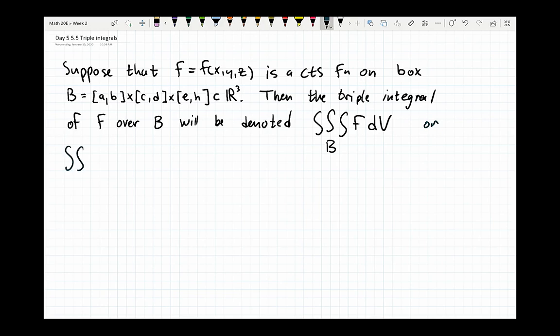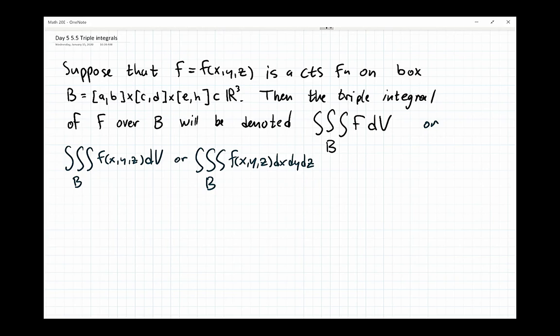So we might also write it as the triple integral over B. We might express the arguments of f. Or we might even write it as, instead of dV, we might say dx, dy, dz. There's actually even more ways it could potentially be written, but I'll try to keep things simple for now.